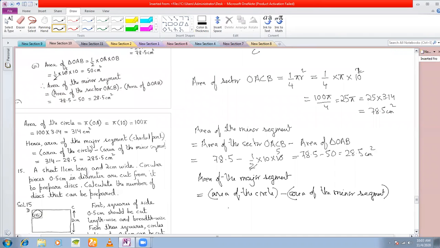Okay, area of the circle is pi r square. Radius is 10, so pi r square minus area of the minor segment. We have already found this out to be 28.5.